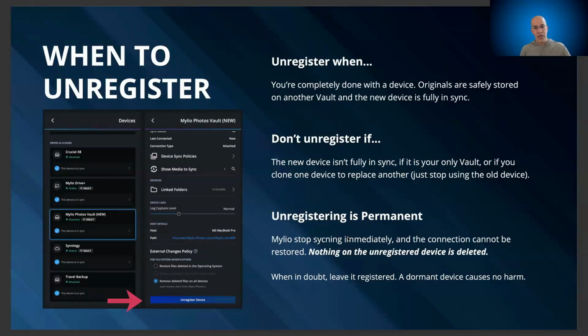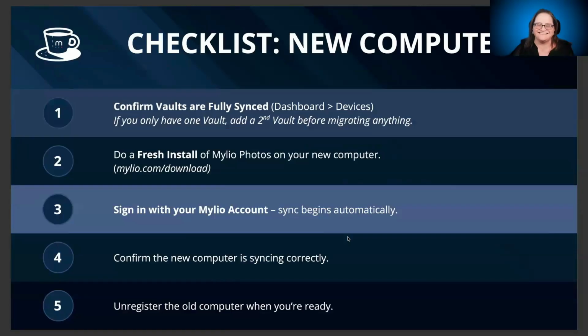The lettering will turn white and it'll say it's online, so you know that is the correct device. Everything else with the same name is a ghost device, so you can unregister those other devices. But if you're not sure, just leave it or contact support. They will tell you what to do.